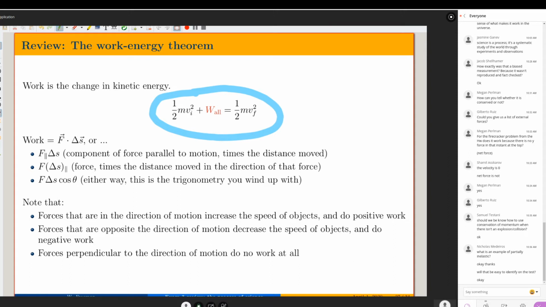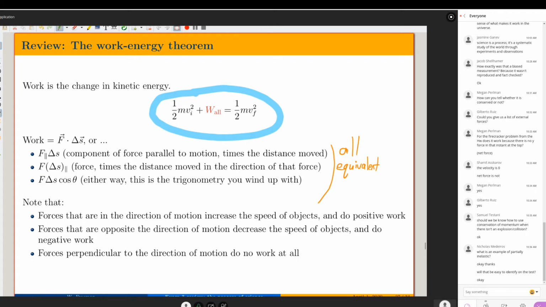There are three different and equivalent ways to calculate what the dot product is. But you'll need to use one of them if you have a force that's not exactly in the same direction as motion. Remember, positive work, you're pushing on something basically in the direction it's moving and it speeds up.